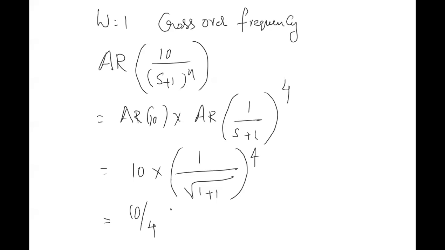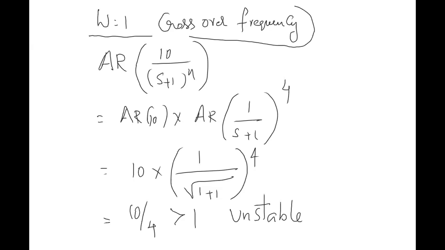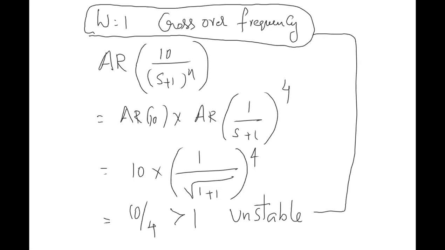This is greater than 1, no? So the system is unstable. At the frequency at which the phase angle is minus 180, the amplitude ratio is greater than 1, so that is where the system is unstable.